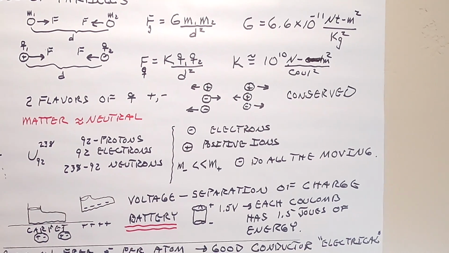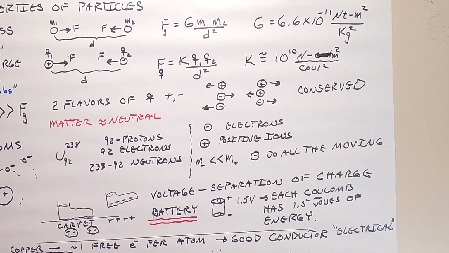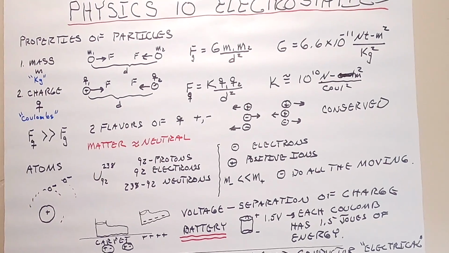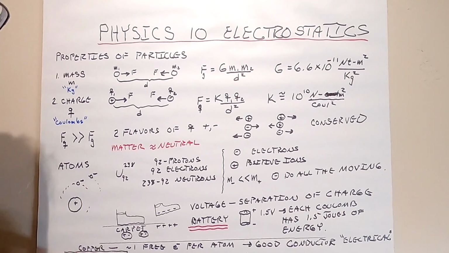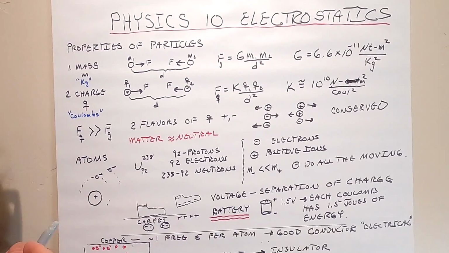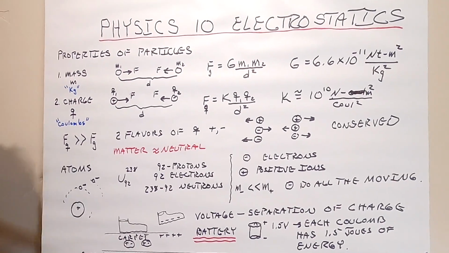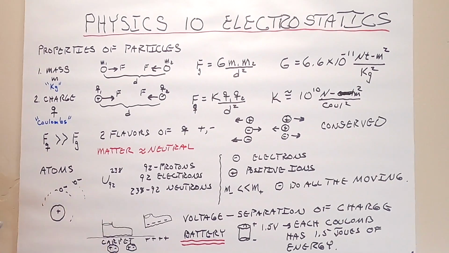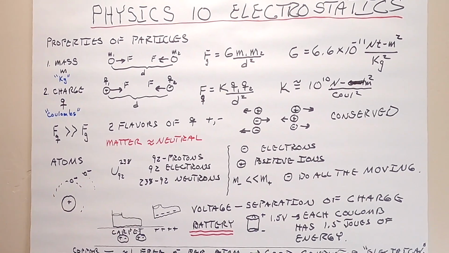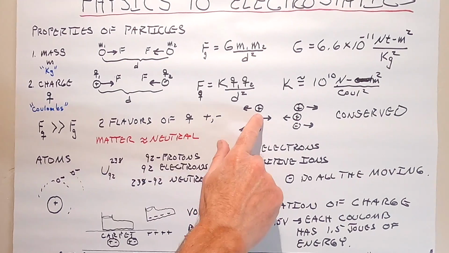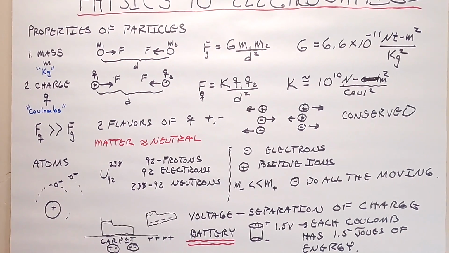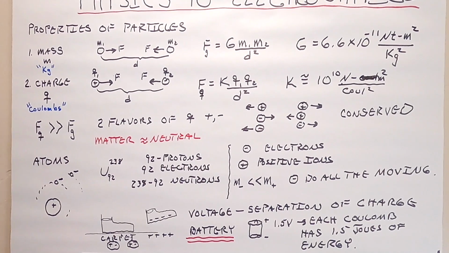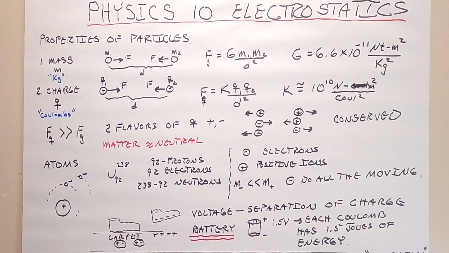Since matter is mostly neutral, we're infinitely attracted to everyone else, and at the same time infinitely repulsed by everyone else, and the two just balance out and we don't feel that force. We should also say that these charges are conserved. You can't create a net charge and you can't destroy a net charge.